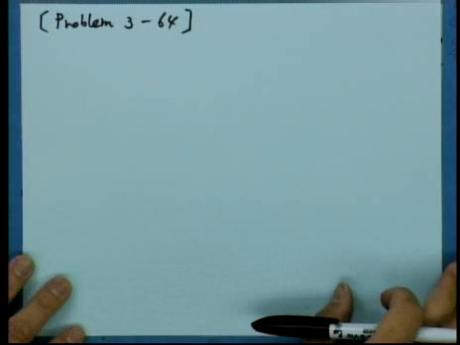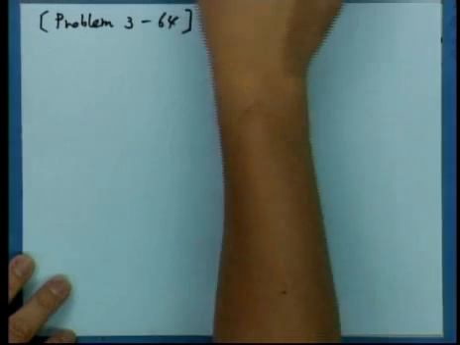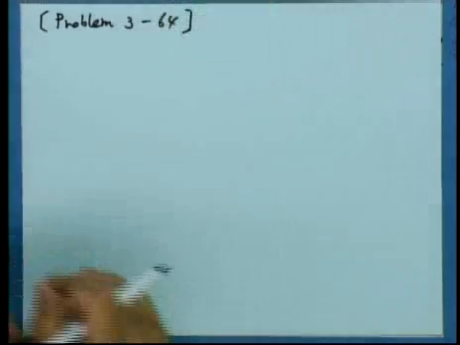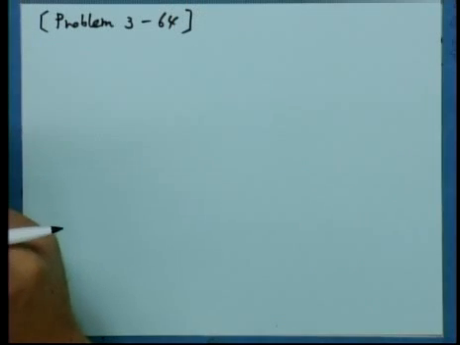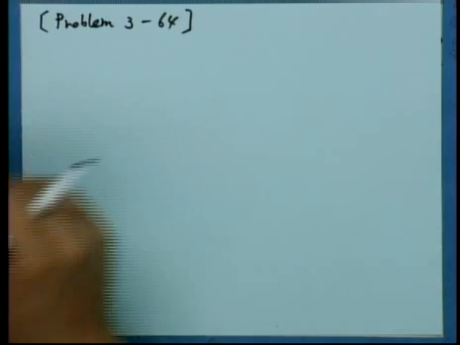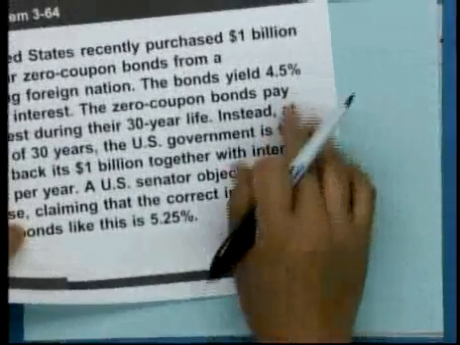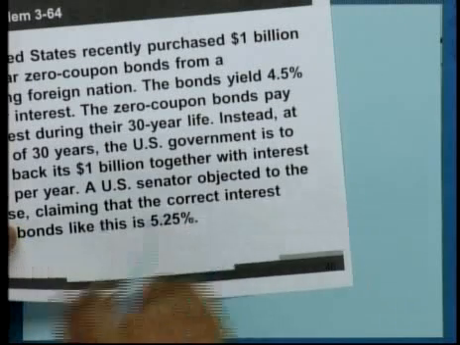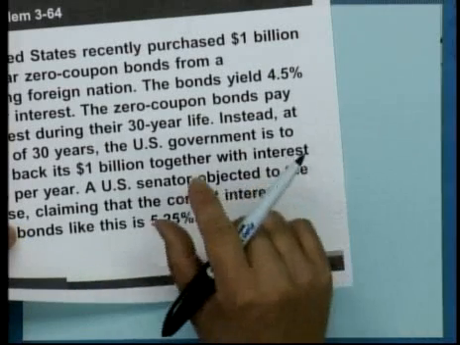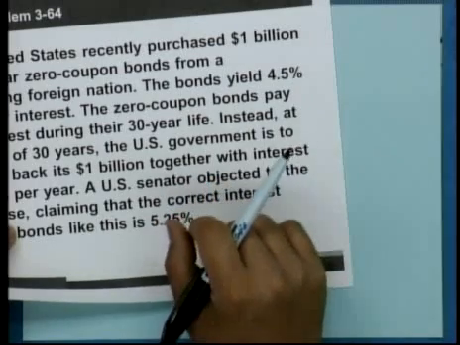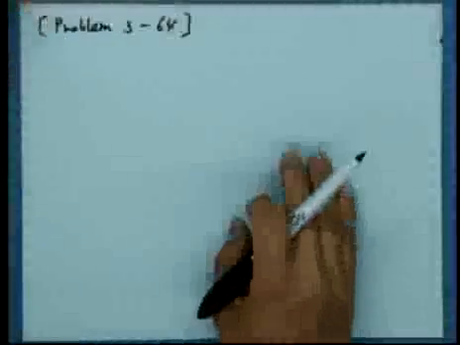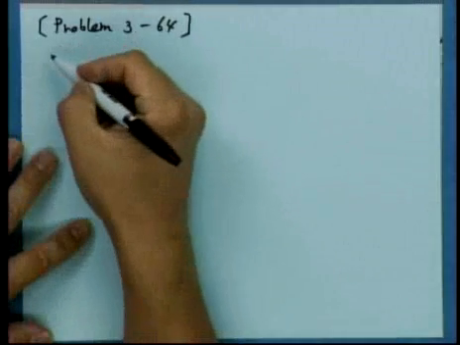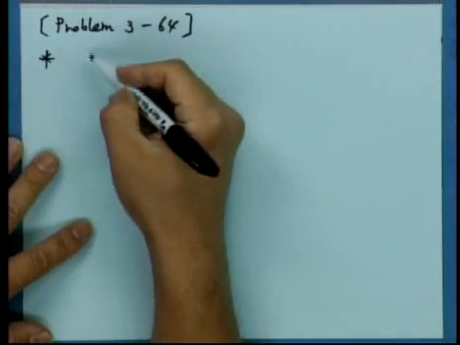So basically, in this problem, we need to compute the amount of repayments at the end of 30 years with 4.5% and 5.25% interest rates, respectively, right? And then we need to compare both cases to see how much the foreign country has saved in interest. So the first case, let's say, is the repayment at 4.5%.